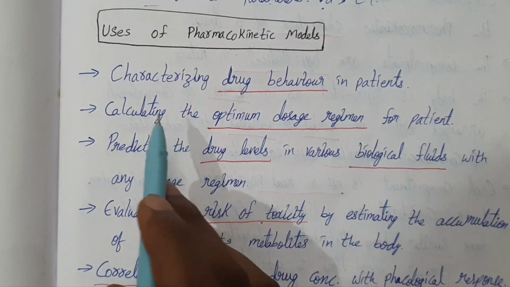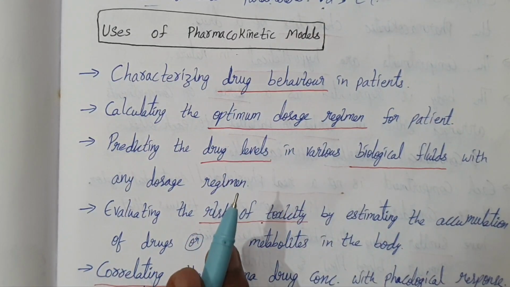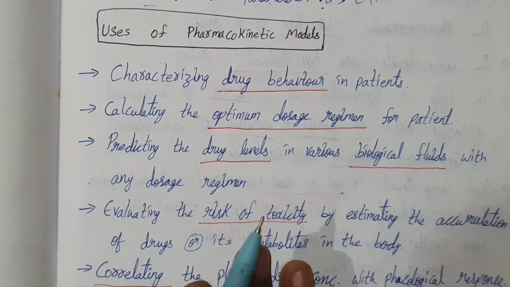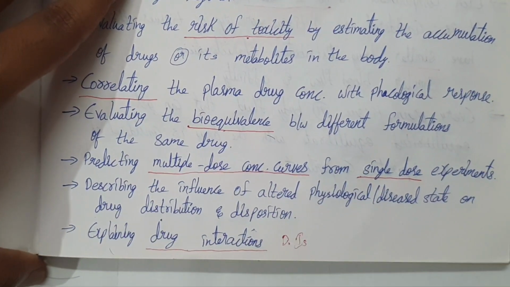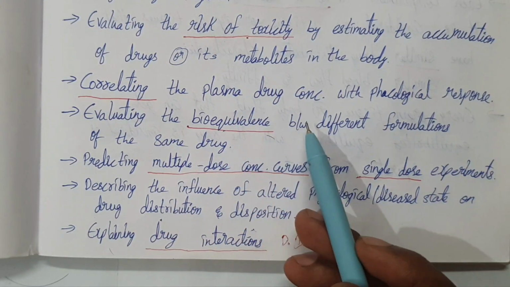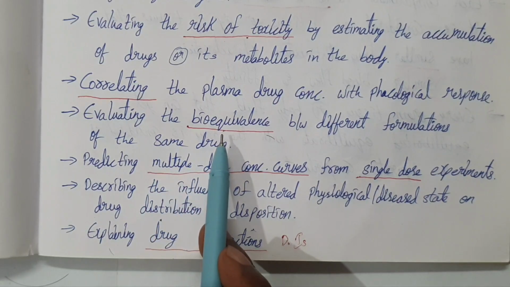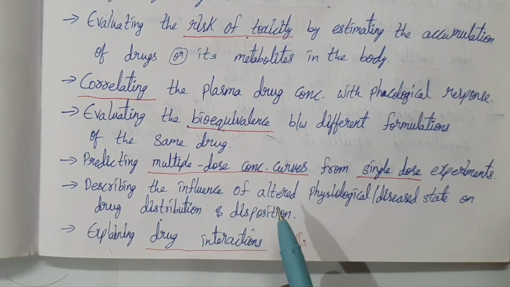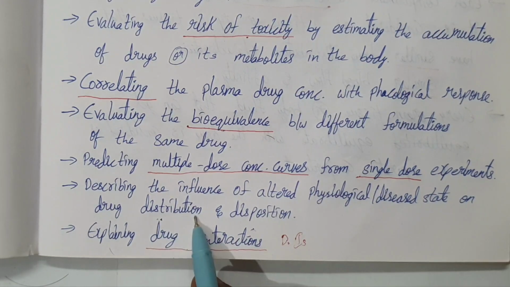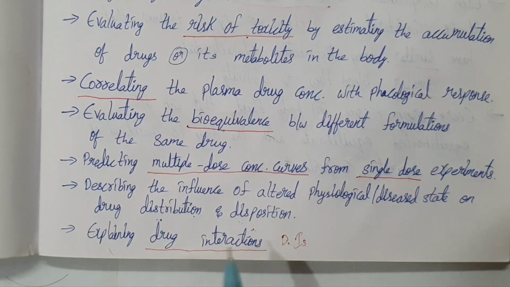These pharmacokinetic models help us to understand the drug behavior in patients, to calculate the correct dose, to predict drug levels in blood or in other fluids, to check for toxicity due to drug accumulation, to link plasma levels with response, to compare brands or formulations, called bioequivalence, to predict multiple dose results from single dose, to study how diseases affect drug distribution and disposition, and lastly to explain drug interactions. We require these pharmacokinetic models.